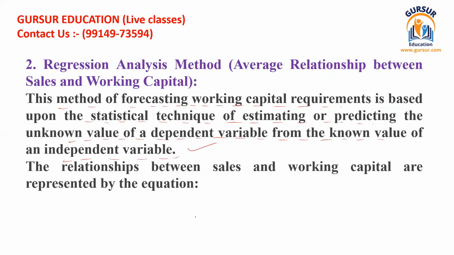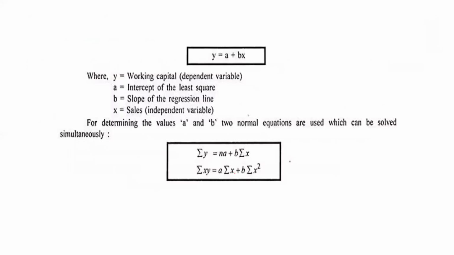So the known value of the independent variable is sales, and on the basis of that, unknown values of working capital can easily be found by estimation of the parameters of the regression analysis equation.